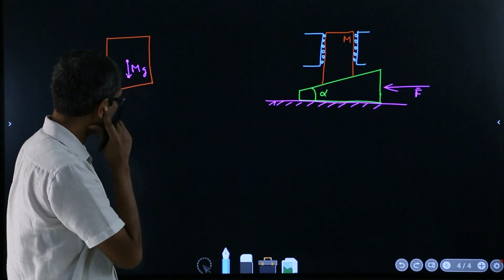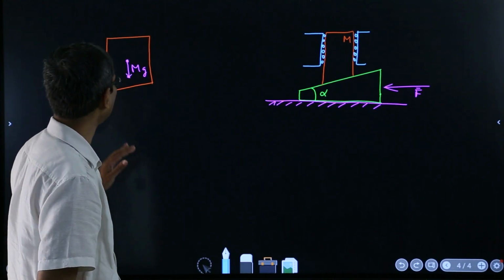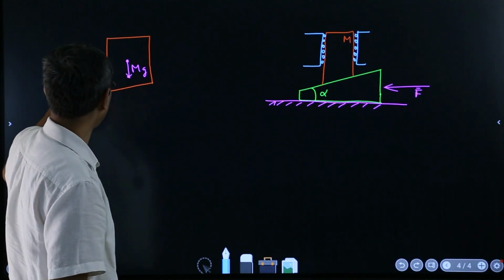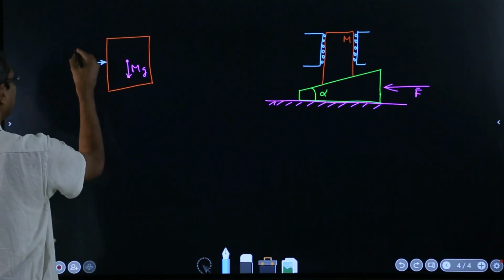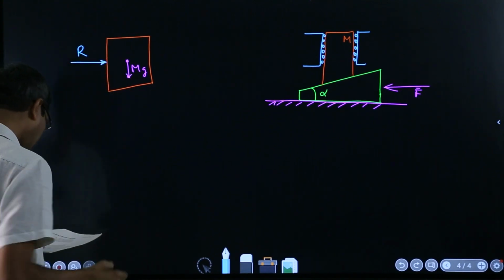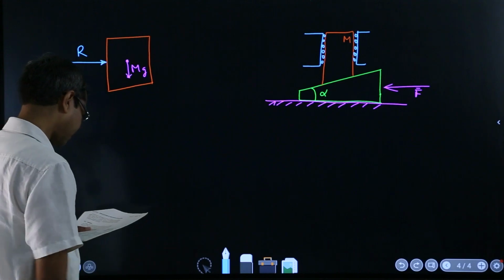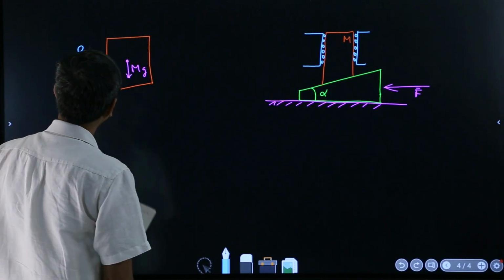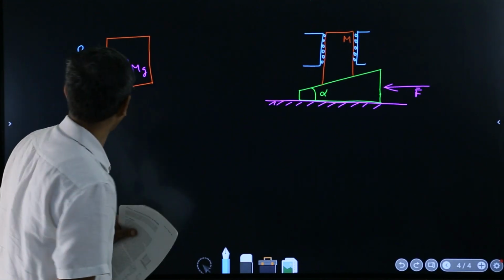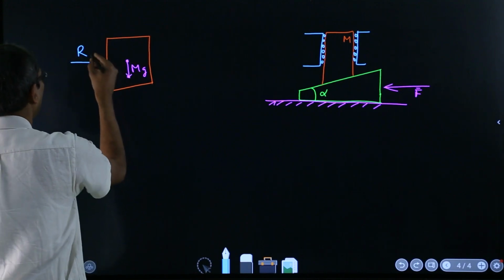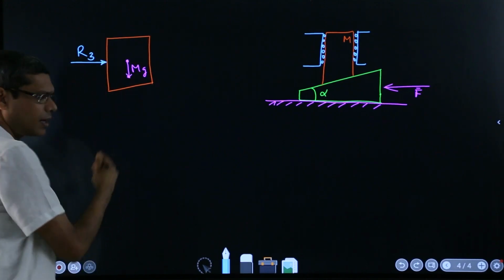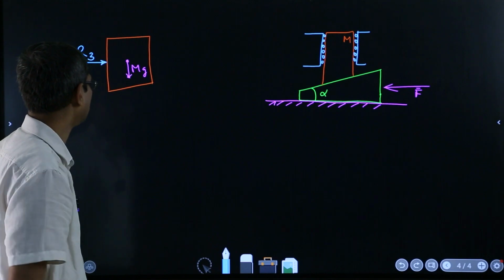Now at this point, sometimes students get confused about whether to show it only on one side. Suppose I call this R. In the picture I have taken this as R3, because R1 and R2 I'll just draw.